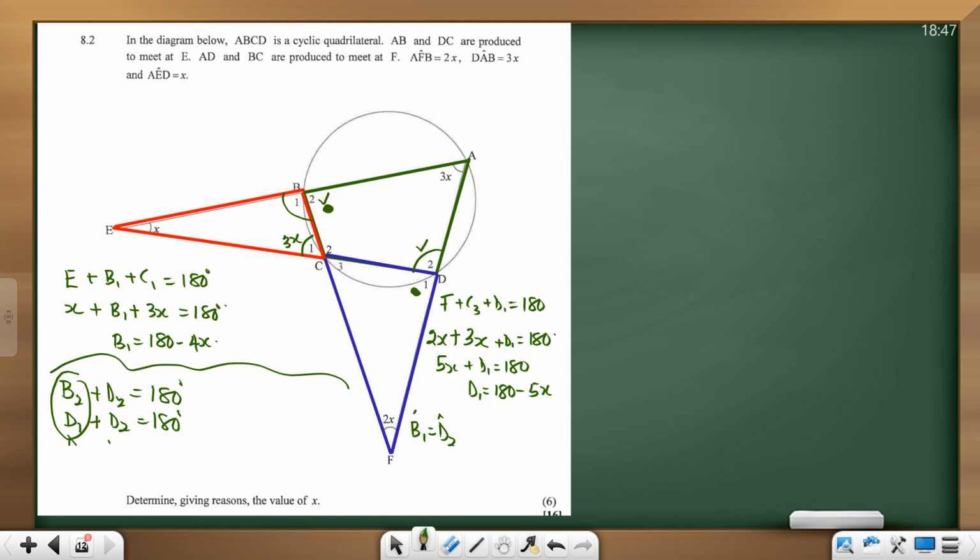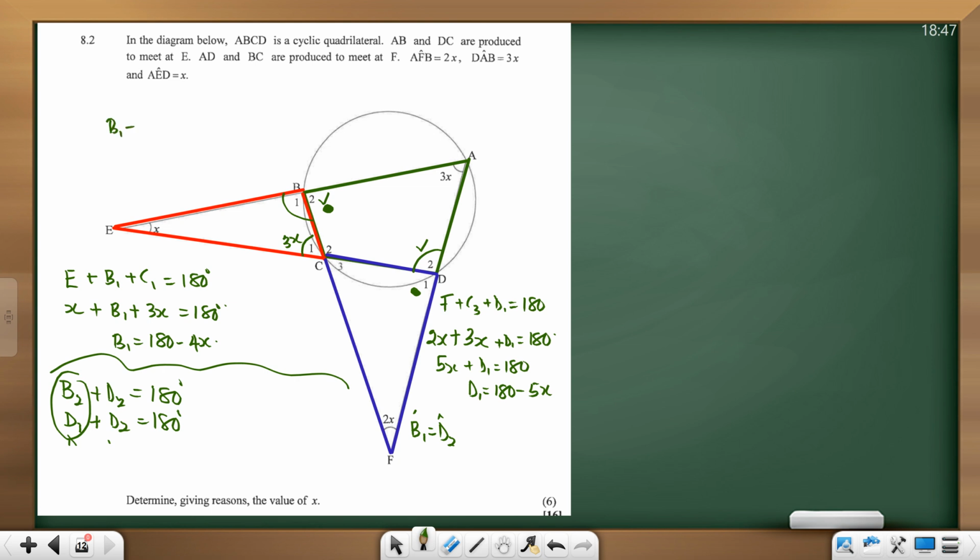Then, because I manipulated it, I got that B1 plus D1 is equal to 180. Let's see, will that be correct? Let me find a reason. Let's prove that B1 plus D1 is equal to 180 before you continue.